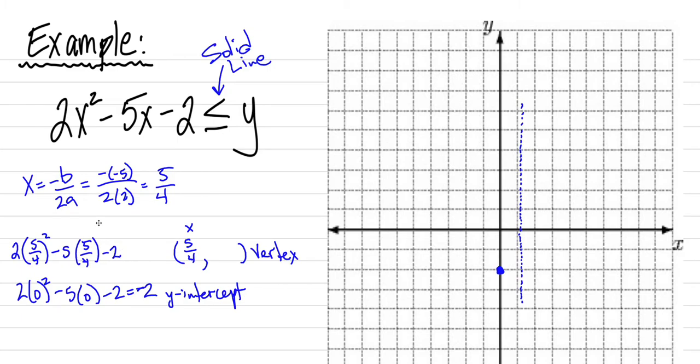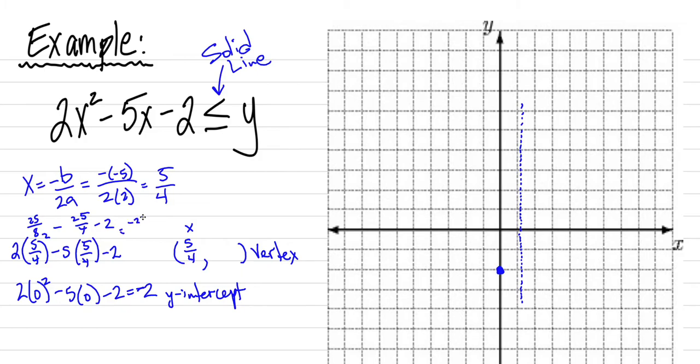Let's see. 25/16 times 2 is going to be 25/8 minus 25/4 minus 2. So this is 50/8. So 25/8 minus 50/8 would be negative 25/8.